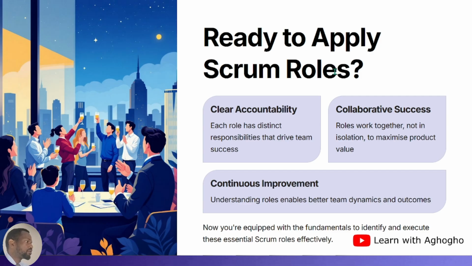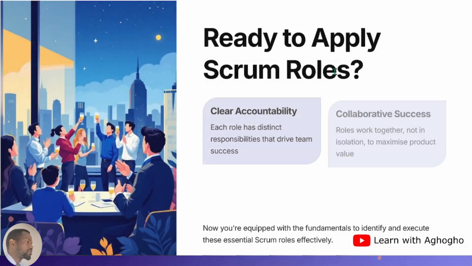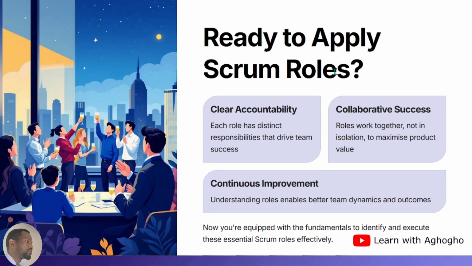Roles work together, not in isolation, to maximize product value. Continuous improvement. Understanding roles enables better team dynamics and outcomes. Now you are equipped with the fundamentals to identify and execute these essential Scrum roles effectively.